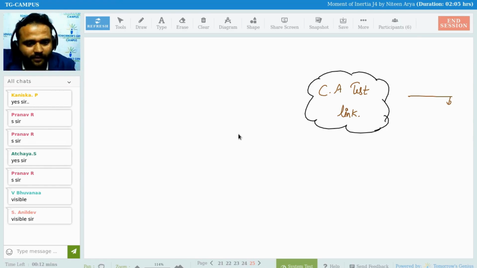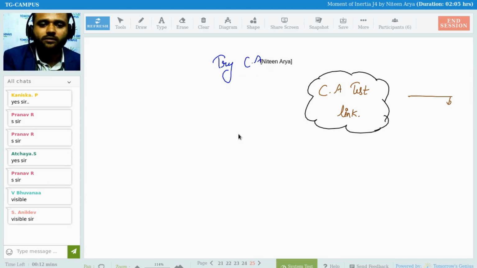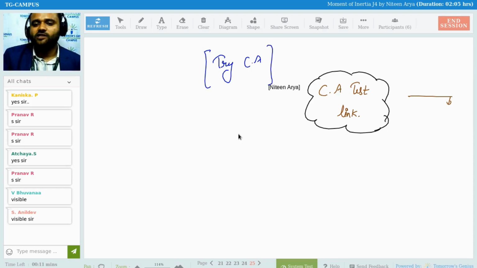Try this particular test, and if you find any question you don't understand, you can ask me in the chapter assessment, in the next class, if I am not wrong, or next to next.